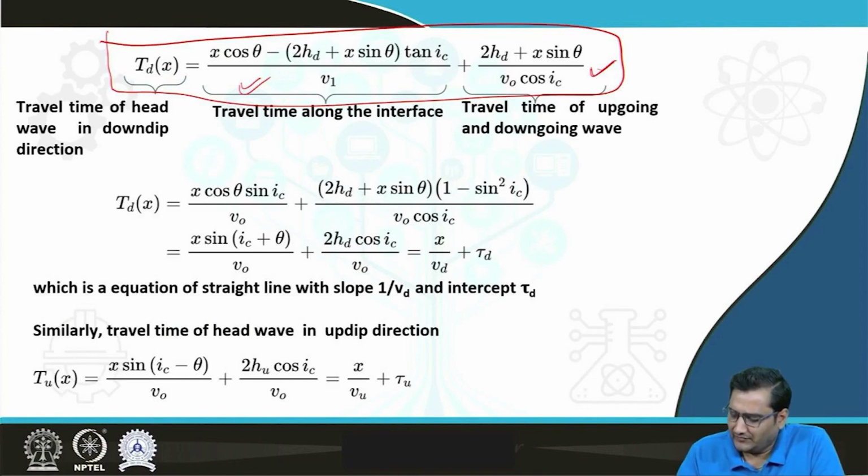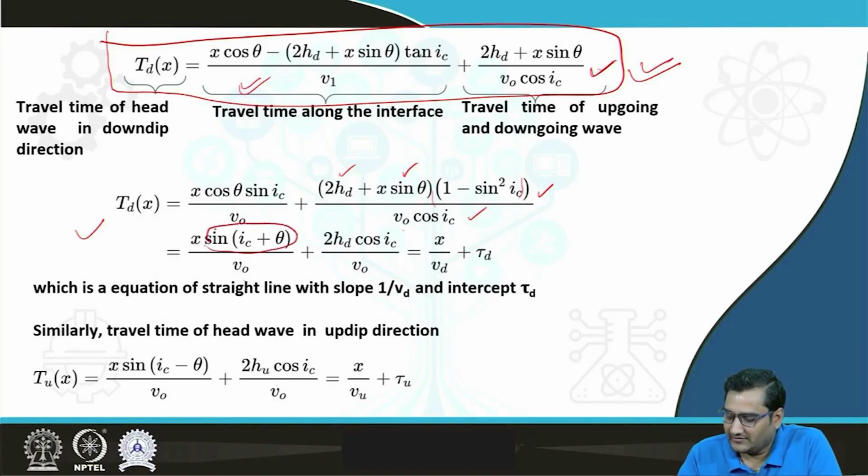Now, if you rearrange this expression, it becomes TDX equal to x cos theta sin IC divided by V0, plus (2hd plus x sin theta)(1 minus sin square IC) divided by V0 cos IC. Then finally you get x sin(IC plus theta) divided by V0, plus 2hd cos IC divided by V0.